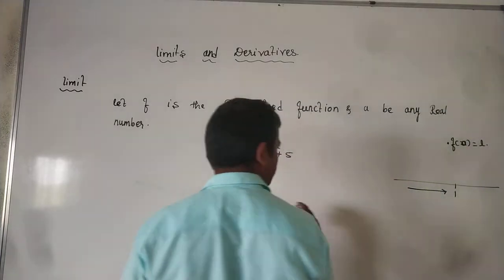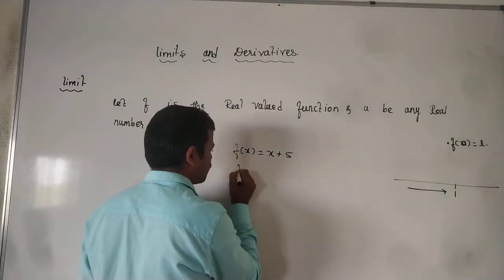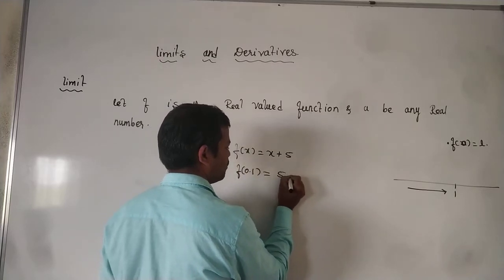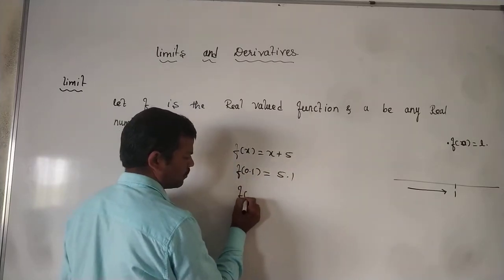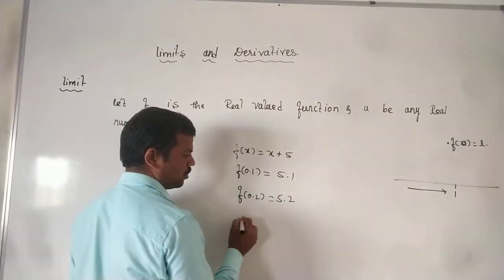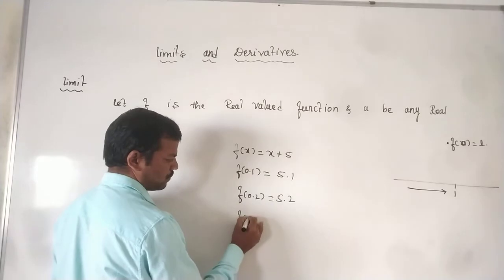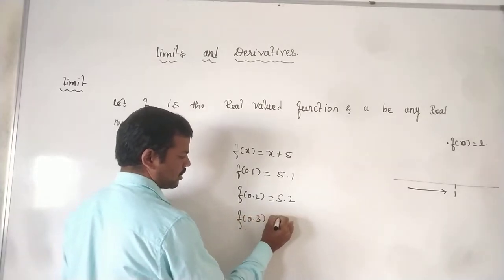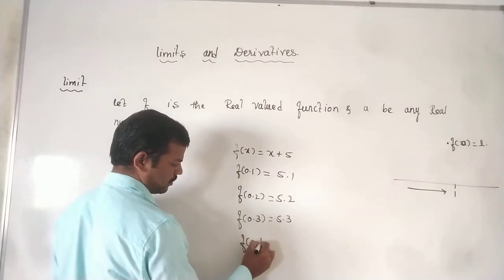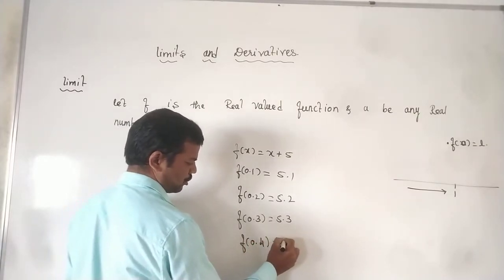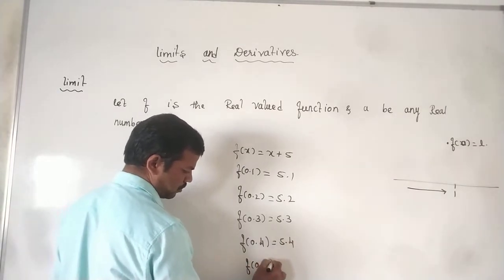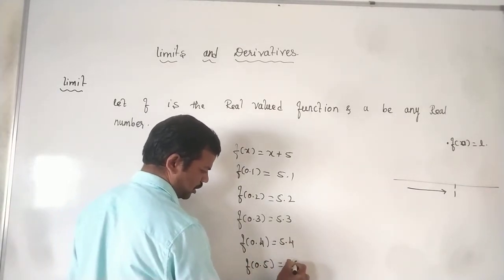Suppose if we move from left, f of 0.1 ಅವಾಗ ಏನಾಯ್ತು 5.1 ಆಗುತ್ತೆ. f of 0.2 is 5.2. f of 0.3 that is 5.3, f of 0.4 so that is 5.4, f of 0.5 so 5.5.